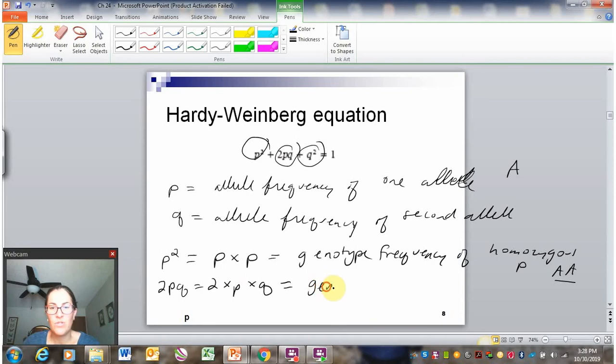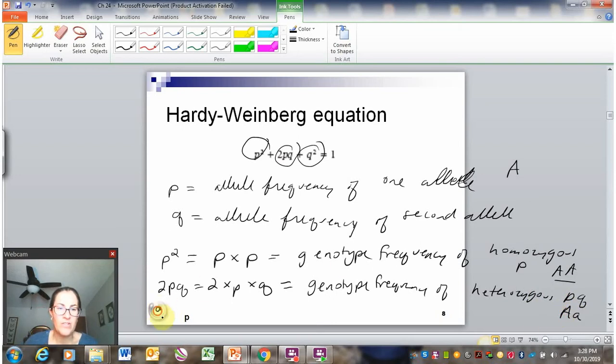And that's equal to the genotype frequency of the heterozygous individuals. So that would be like PQ, or if I'm using my A conventions, big A, little a.